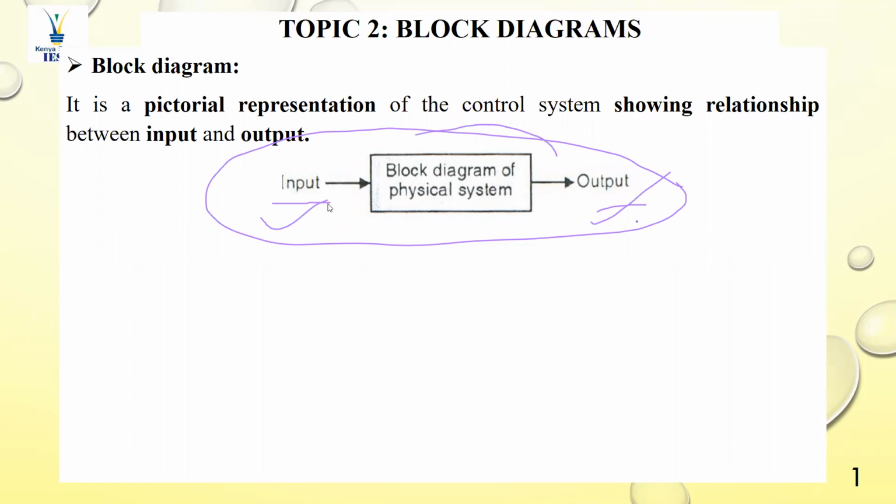Here, this is a block diagram of a physical system. For example, a physical system can be a motor, an electric iron, or an electric kettle. That is just an example of a system. We are going to see how some parts of physical systems can be represented in block diagrams.